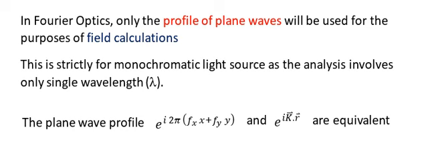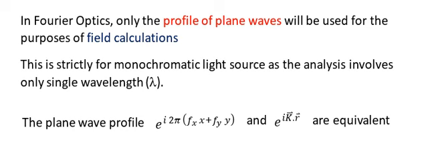We shall not be using the expression of the traveling wave, but we shall be using only the profile of the plane wave in order to calculate the field from one point to another point in our optical system. So in Fourier optics, the profile of the plane wave is important for us. And you know that we have involved only a single wavelength. This is strictly for a monochromatic light source, as the analysis involves only a single wavelength.